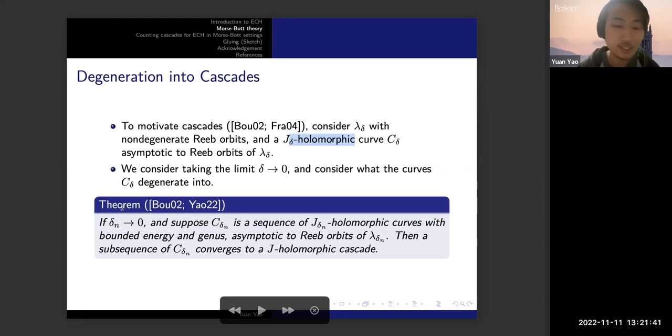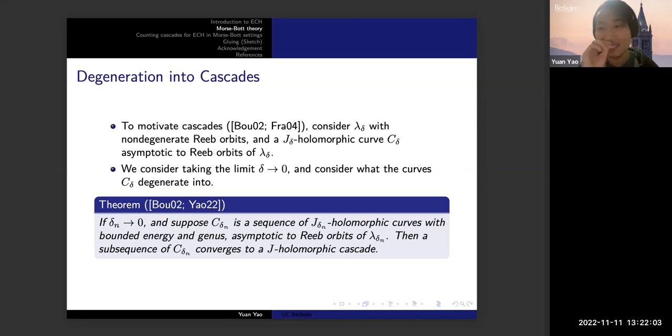This is a theorem, and the original version appeared in Bourgeois' 2002 thesis. If you take a sequence delta n going to 0, and you have a sequence of J delta n holomorphic curves with bounded energy and genus asymptotic to Reeb orbits of lambda delta n, then a subsequence converges to a J-holomorphic cascade.